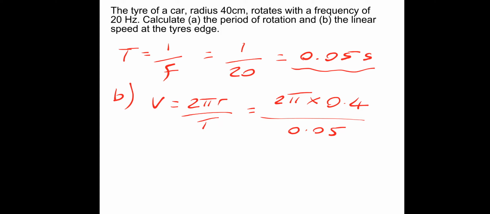Or you could multiply by 20 for v equals 2πrf. Regardless, that gives a velocity of 50.3 meters per second. Let's move on.